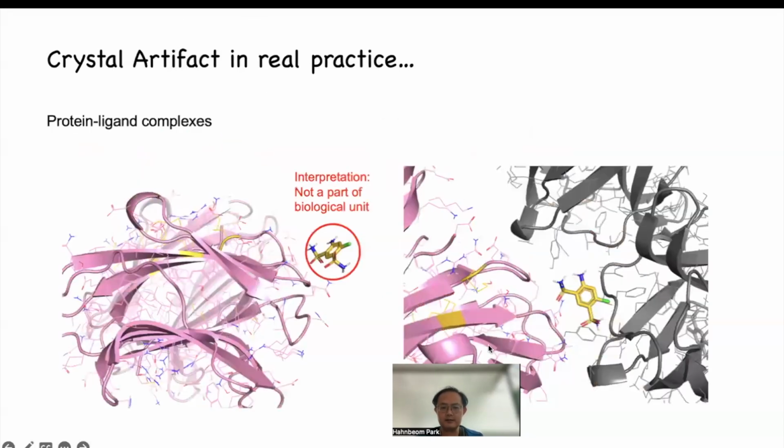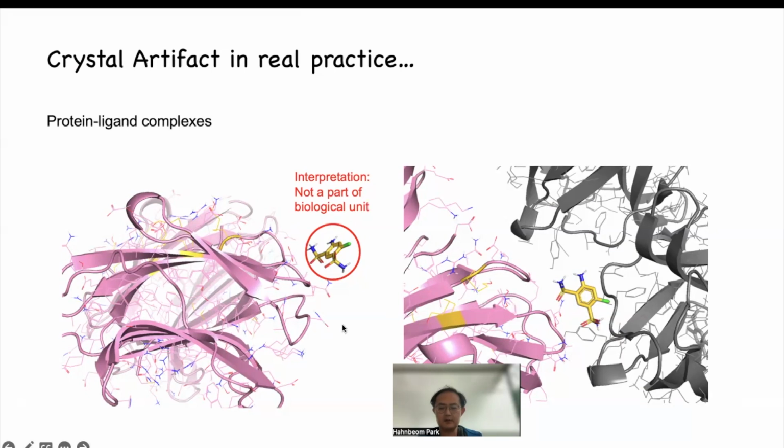And here is another example. If you open up this PDB, you'll see a ligand lying at the surface. Of course, this is not a real structure that exists in biology. This ligand doesn't bind to this protein. But the reason this ligand is located here is because of the symmetric unit here. What that means is that these ligands exist only in the crystal condition and not in the biological condition.